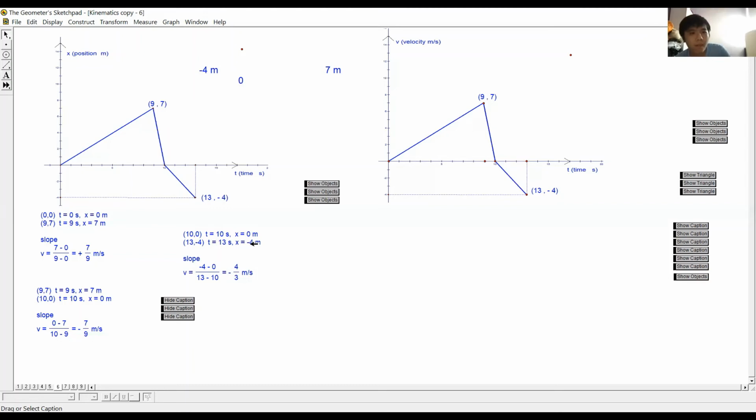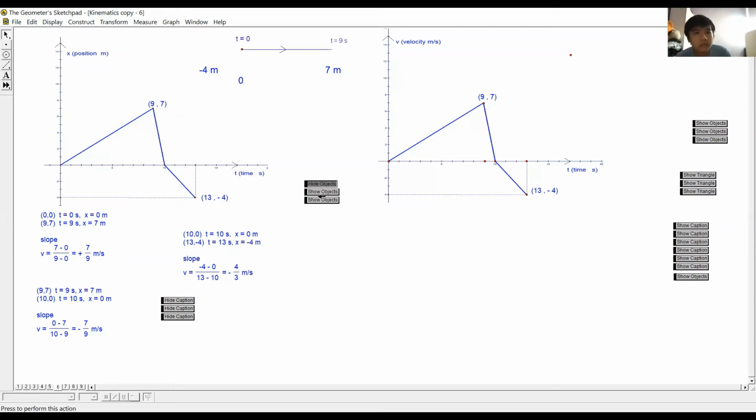So it's -4 minus 0 divided by 13 minus 10. So it's -4/3. Again, the unit is meter per second. Now, this negative means it is moving in the negative direction, moving towards the left, right?